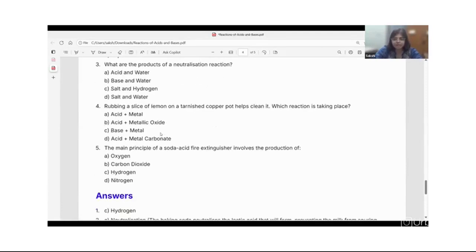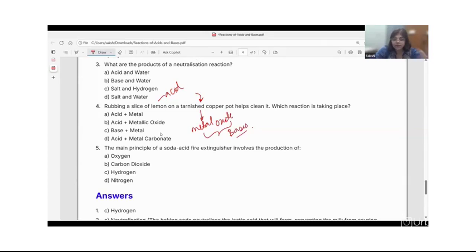Rubbing a slice of lemon on a tarnished copper pot helps to clean it. Which reaction is taking place? I will give you a hint here. Tarnished copper pot is nothing but a metal oxide, and lemon is an acid. Metal oxides are again bases in nature.